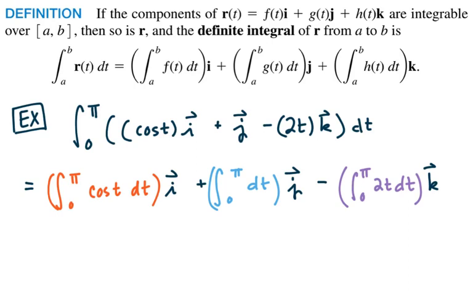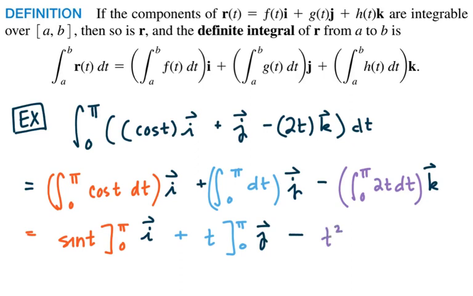So the integral of cosine, we know that is sine of t, evaluated from 0 to pi, times i. The integral of 1 dt is just going to be t, evaluated from 0 to pi, for j, and then minus t squared from 0 to pi, k.